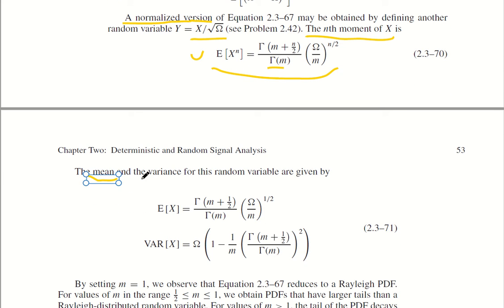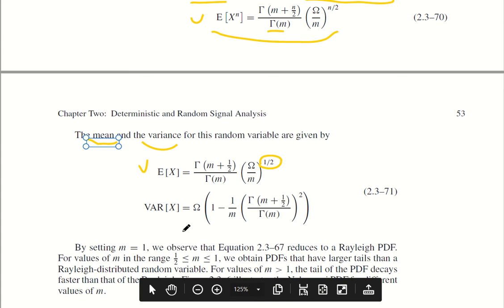The mean and variance for this random variable are given by this. Expectation of x equal to gamma of (m plus 1 over 2) divided by gamma of m, times (omega divided by m) to the 1 half.